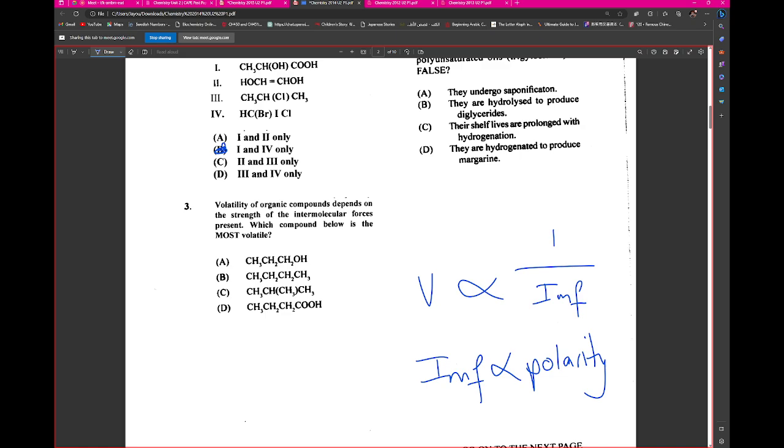The most polar substances here would be the ones containing oxygen. Oxygen creates dipoles across molecules. We don't want oxygen here. And we have two alkanes, and the branched alkanes tend to be more volatile than the straight chain alkanes. So C is the most volatile.